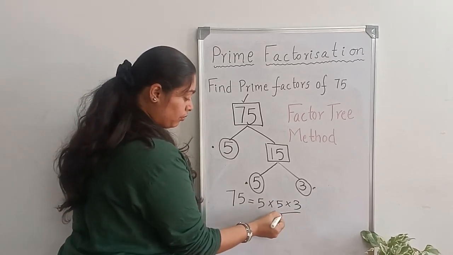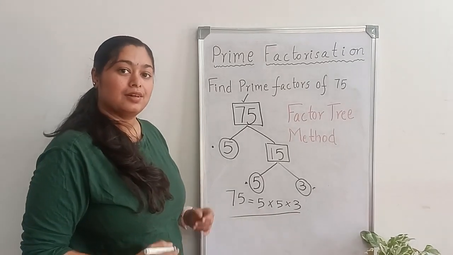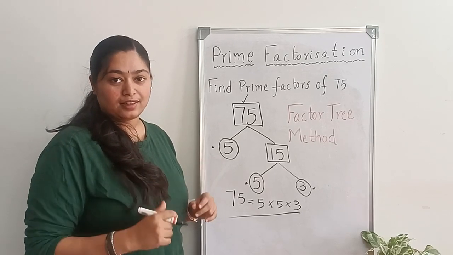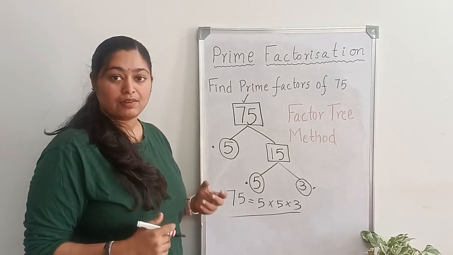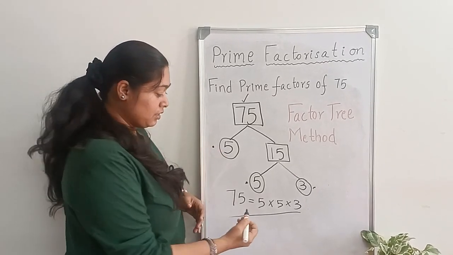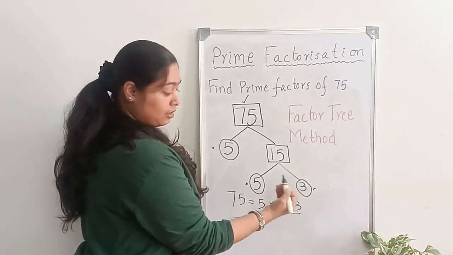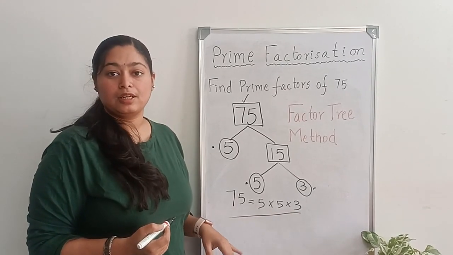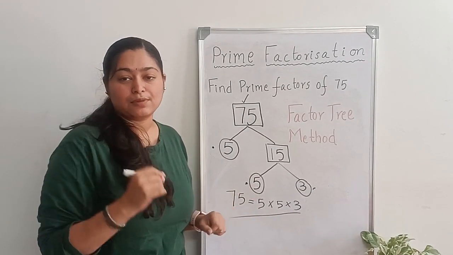And this is how we are splitting a number into its prime factors, or in other words, we are representing 75 as the product of different prime numbers. What's a product? Product means we are writing the answer as a multiplication. So I hope this was clear. Let's see one more example.